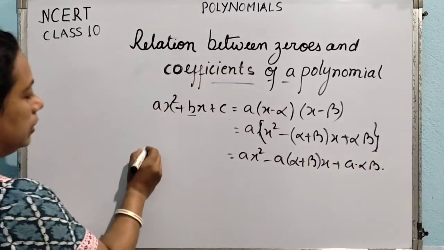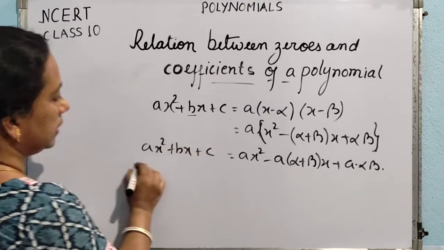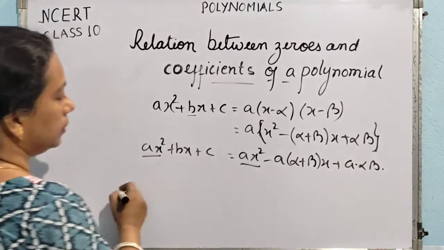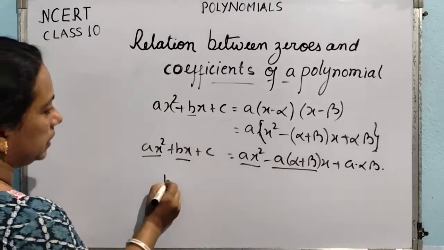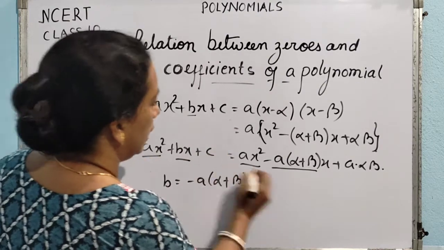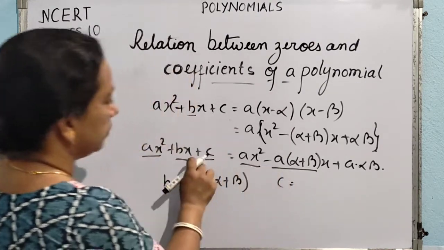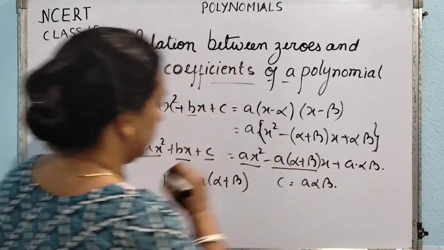Now here it was ax square plus bx plus c. When I am comparing the like terms, for this b we can write b is equal to minus a into alpha plus beta, and for this c, what we can write? c is equal to a into alpha beta.